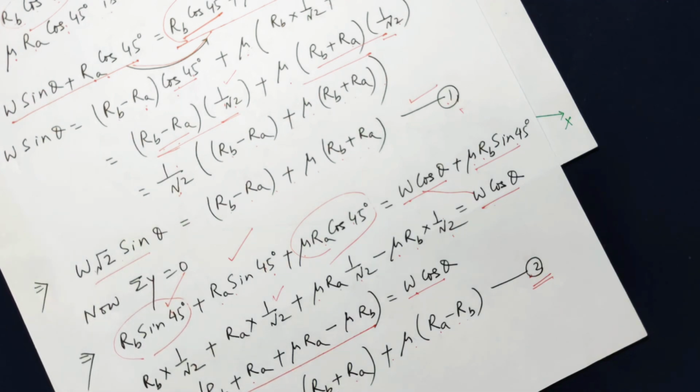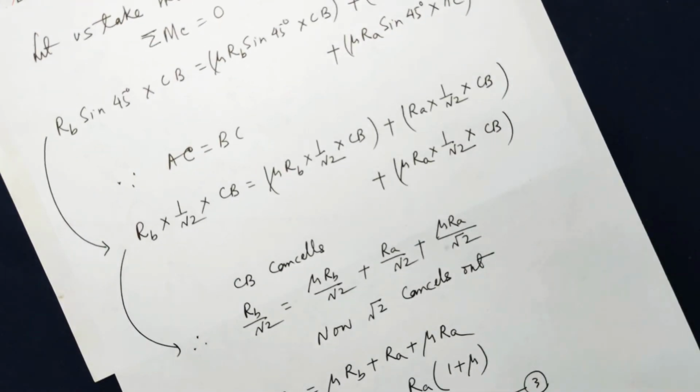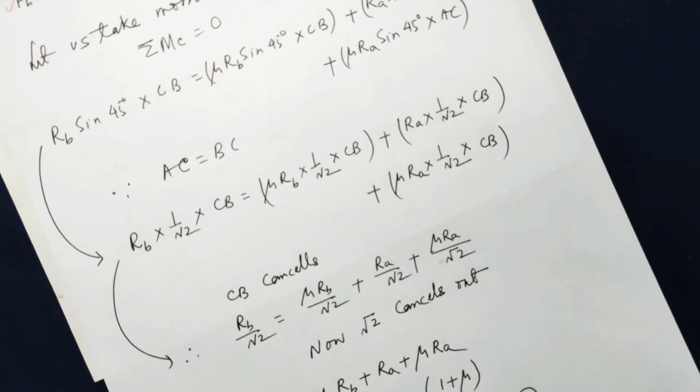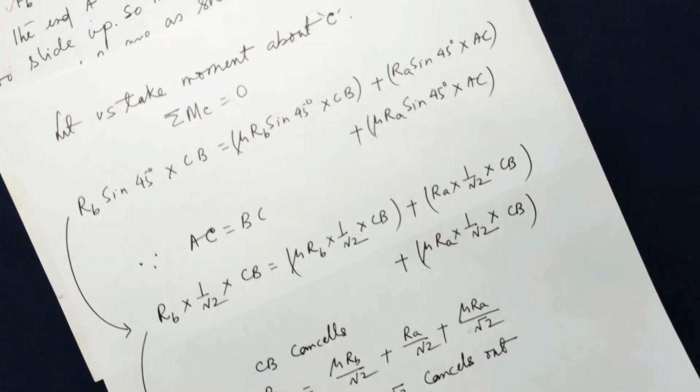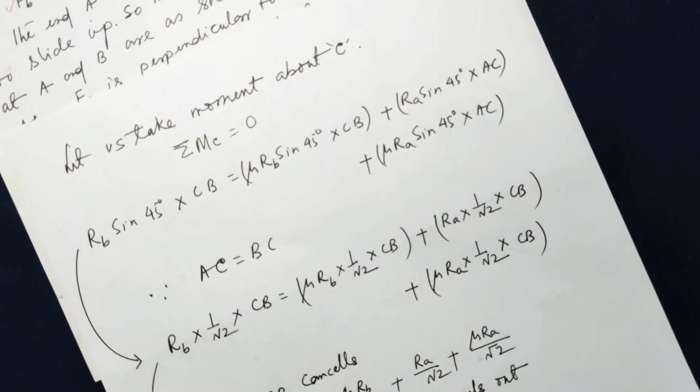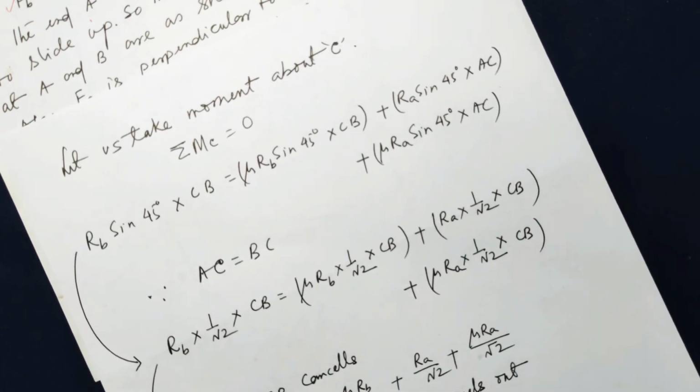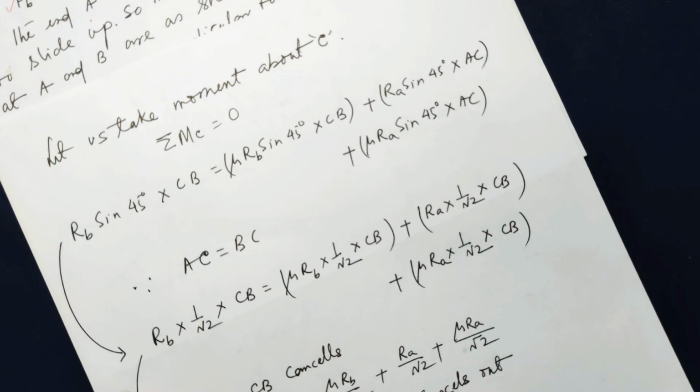And before that, we need to take the moment of the different forces about point C. Now, let us take the moment about point C. Since the prismatic bar is in equilibrium, the clockwise moment is equal to the anti-clockwise moment.